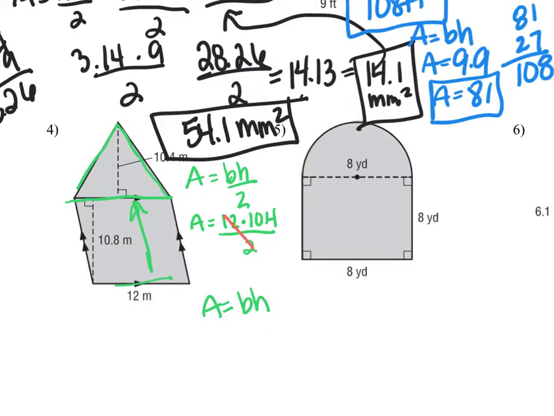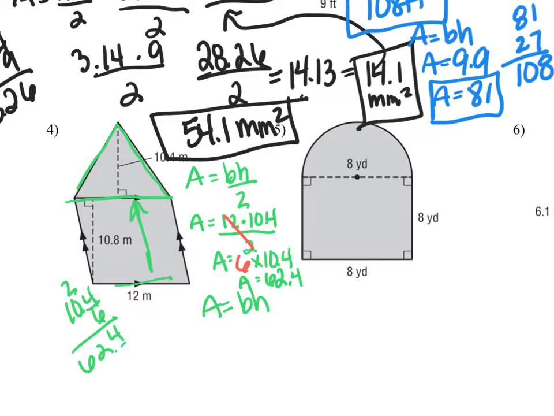I'm going to say 12 divided by 2 is 6 times 10.4. So we got area equals 62.4.